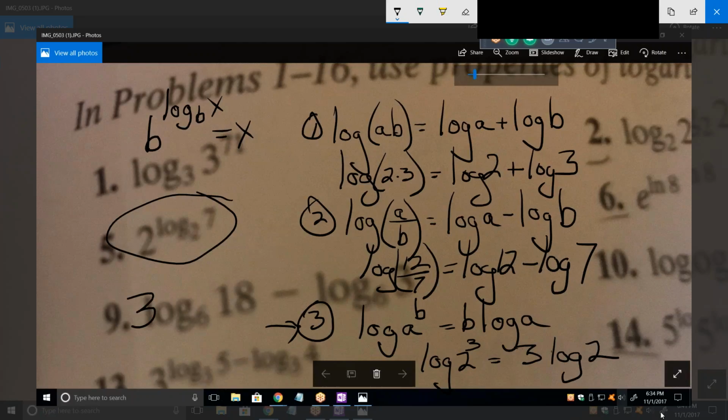If I had 3 to the log base 3 of 12, the answer is 12. In other words, whenever this is the same as that, and the exponent's got logs in it, then your answer is always whatever that number is. In this case, 7.